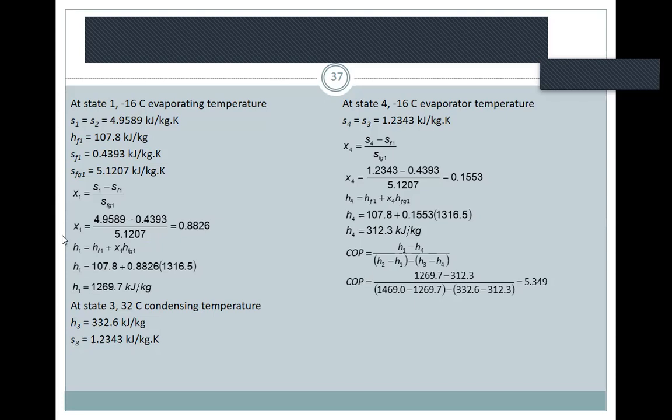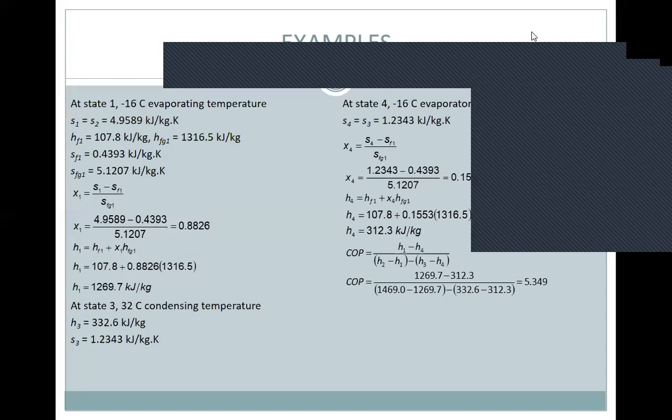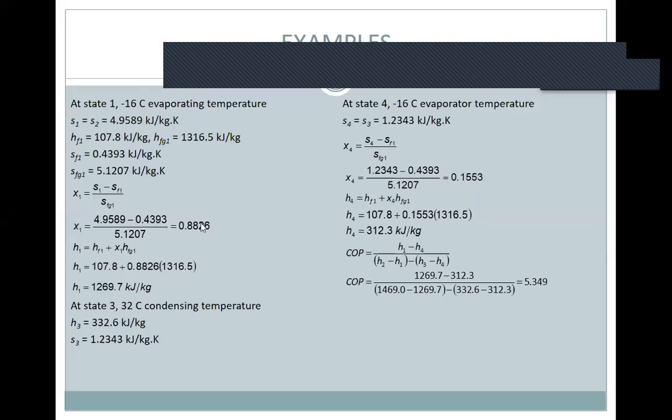So, may nawala ako dito, no? So, 1316. Okay. H of FG1 is ito, 1316.5 kilojoule per kilogram. S of F1, 0.4393. S of FG1 is 5.1201 kilojoule per kilogram Kelvin.